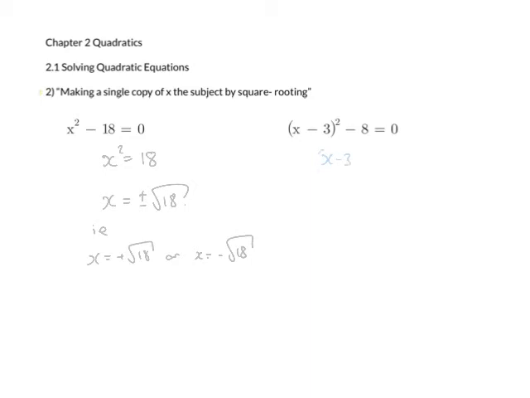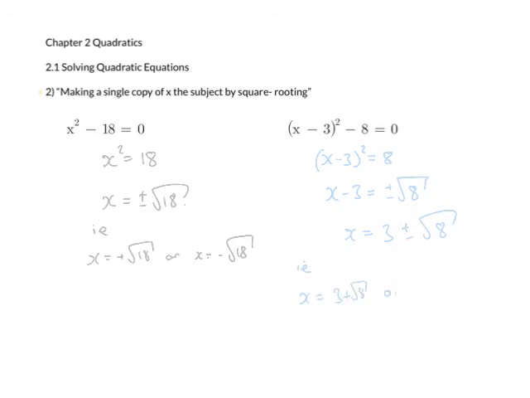For our second example, we can see that single copy of x tied up in the square bracket, which means that we're just going to proceed to unlocking x within that square bracket. It feels a lot like the last part of completing the square, and in reality, that's exactly what it is. We add 3 to both sides, and we must remember the plus or minus when we square root both sides.